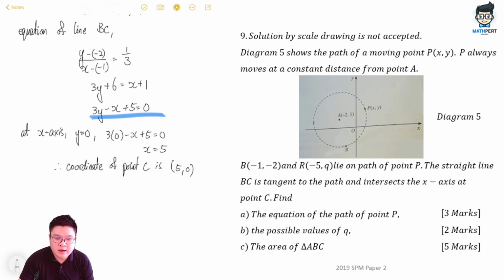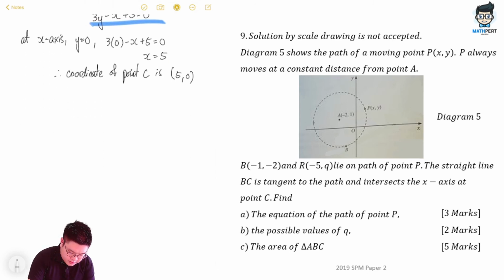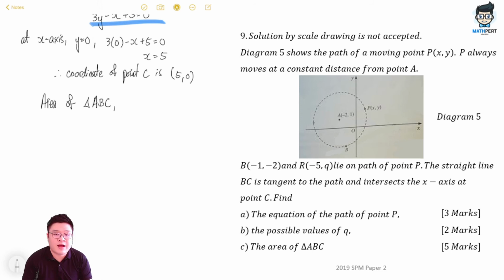Now that we know the coordinates of point A, point B and point C, can we find the area of triangle ABC? Do you still remember how we find the area of a triangle in your coordinate geometry chapter? We have 3 coordinates. Using those 3 coordinates, we can find the area of the triangle.